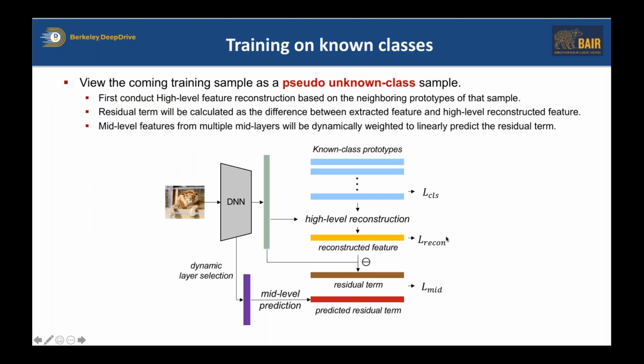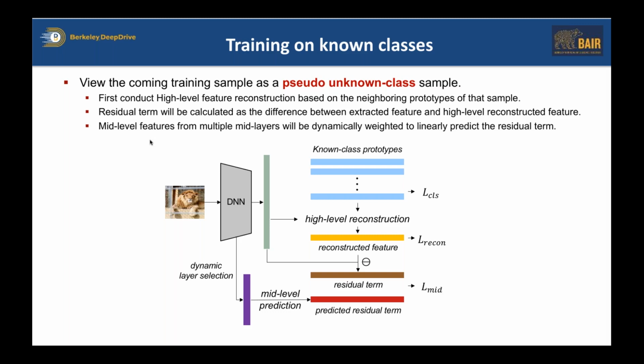So here is the general framework of this method. We can view the incoming training sample as a pseudo unknown class sample, and we first conduct the high-level feature reconstruction based on the neighboring prototypes of that sample. Then we calculate the residue term as the difference between the extracted feature and the high-level reconstructed feature.